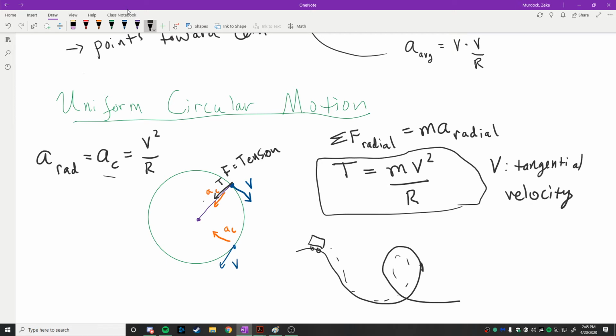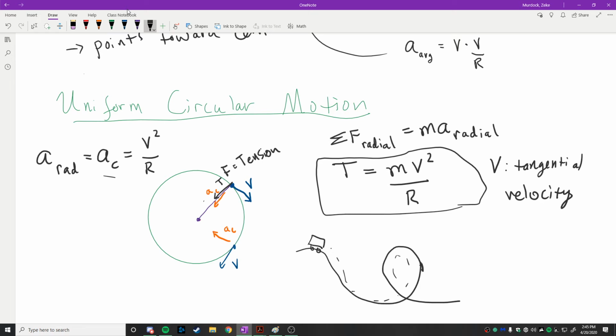That means it points tangent to the circular path. And in this particular case, it has no tangential acceleration. That's pretty much the theory. We're going to use this to solve a lot of different types of problems. And if you guys have any questions in general, let me know.